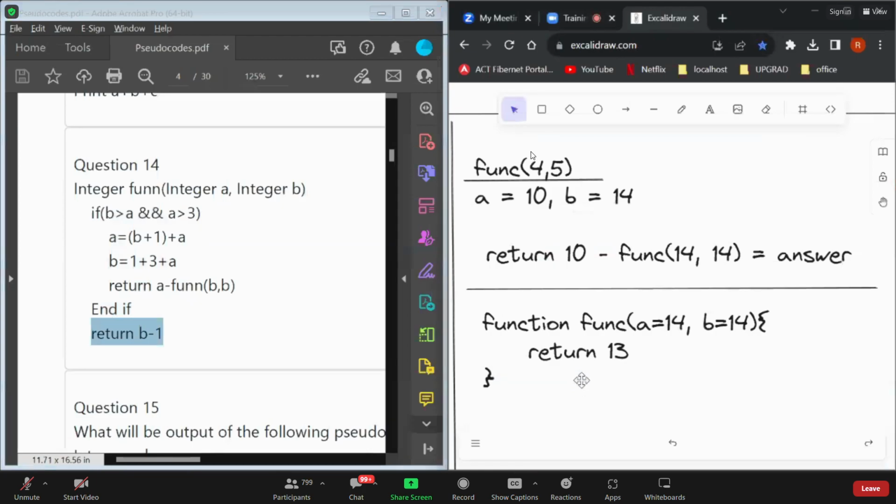You got the answer. So return 13. This is the answer for what? For the function call where a is 14, b is 14. Function of 14 comma 14. For that, the answer is 13. Now you have the answer. Replace the answer here, 13. So what is 10 minus 13? Minus 3. So your required answer is minus 3.